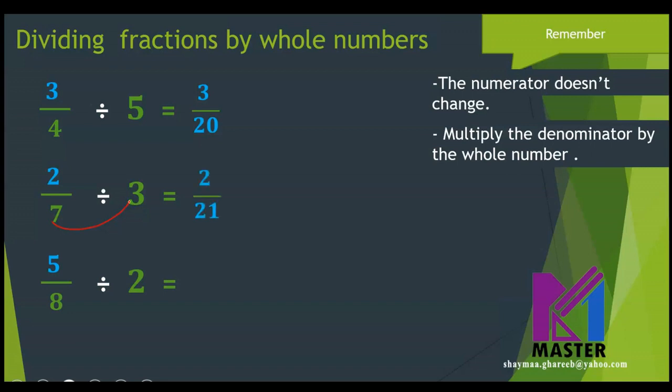The last example, the 5 will stay as it is, and the denominator will be the 8 times the 2, which is 16. So the answer will be 5 over 16. Can I simplify any of these answers? No, they are already in the simplest form.